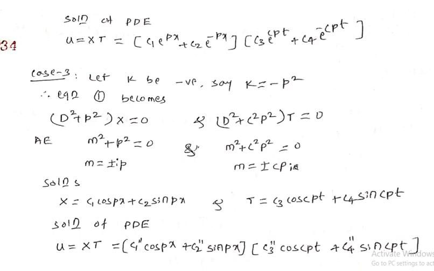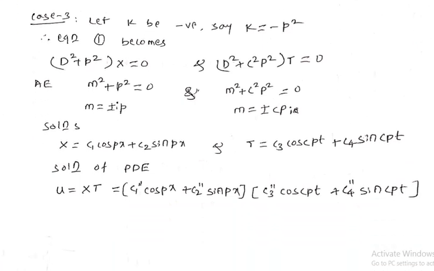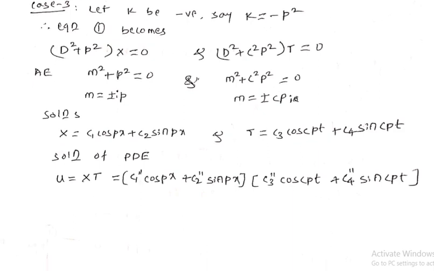So the real part is absent in both cases. Once again substituting capital X and capital T in the u equation, you will get the third solution of the wave equation. So this is the one-dimensional wave equation by the variable separable method.